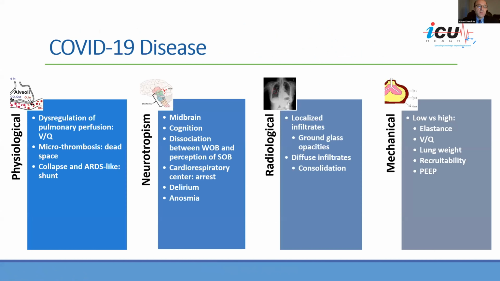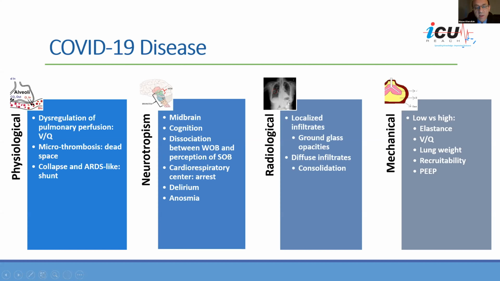So what is this disease? What we know is that we have physiological abnormalities. As I said, dysregulation of pulmonary perfusion. We've seen microthrombosis, which means there's dead space disease, and we've seen collapse and an ARDS-like picture, which means it's a shunting process. There's also neurotropism, meaning the virus may affect the brain, mainly the midbrain, causing cognitive problems, and that's why, in a lot of the observations that we've seen initially, there's dissociation between the work of breathing and the perception of shortness of breath.